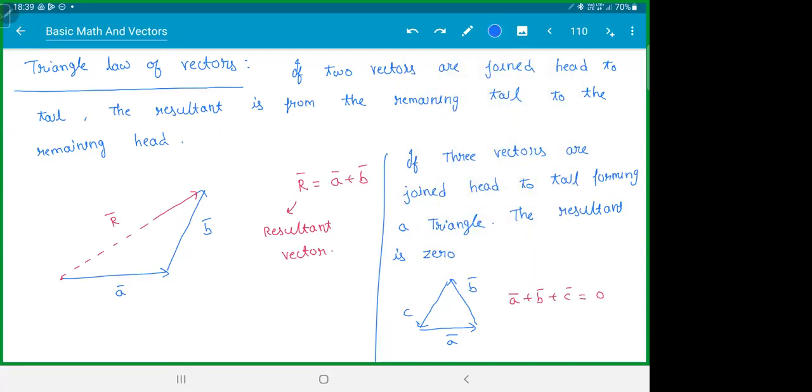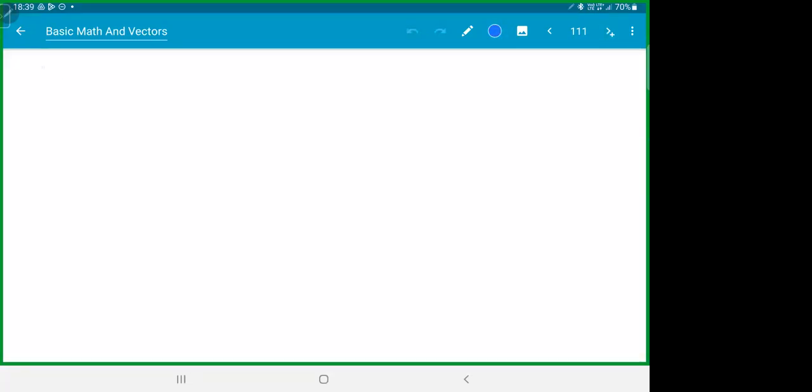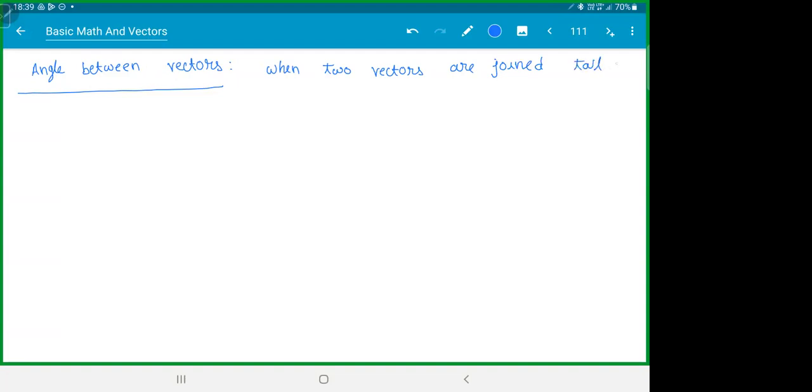Now, using this concept, before that, we need to define one more thing: angle between vectors. So how do you define the angle between two vectors? When two vectors are joined tail to tail, the smaller angle between them.